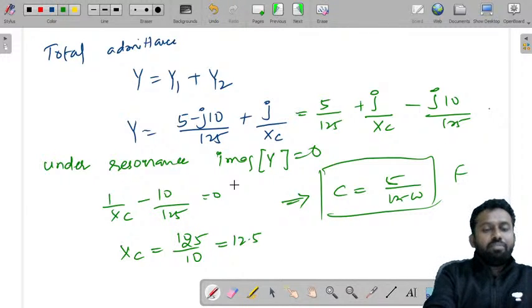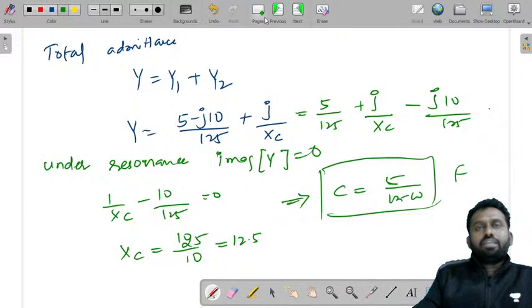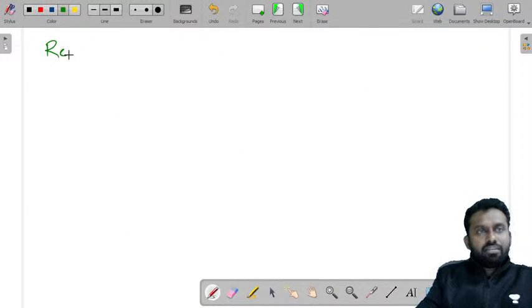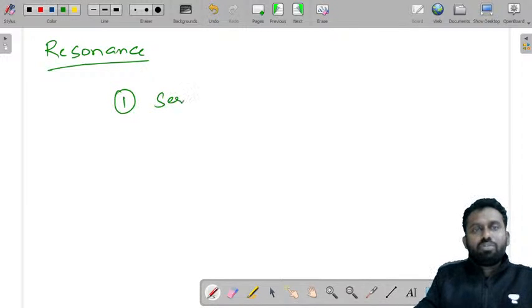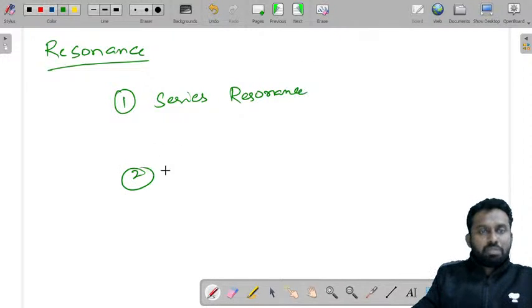Likewise, you can solve many problems. This is about resonance completely. So we have done resonance. In resonance, we have done series resonance and parallel resonance.